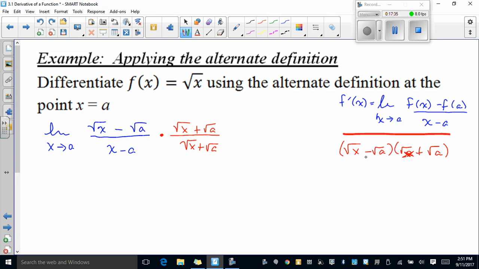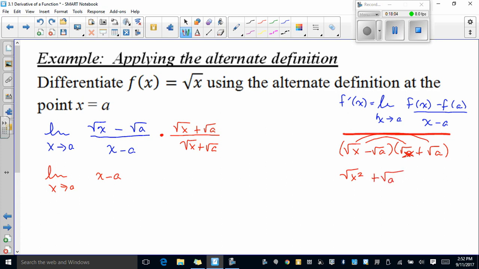When I multiply this out, I'm simply going to get x minus a on top. Because when I FOIL this, I get square root of x times square root of x, or the square root of x squared. Multiply the x and a, and I get plus square root of ax. But this time when I multiply, I have a negative, so it's negative square root of ax.